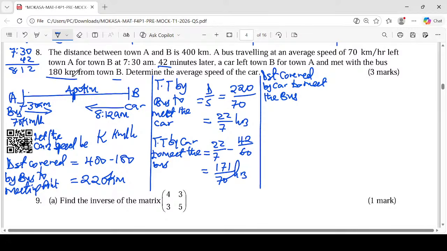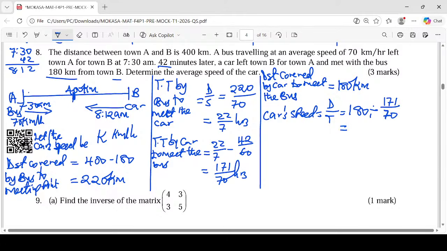Because this 180 is from B, it means the distance it covered was 180 kilometers. Now they want to get this car's speed. To compute the car speed, ladies and gentlemen, it is distance divided by time. We have the distance of the car: it traveled 180 kilometers. You divide this by the time it took, which is 171 over 70 hours.